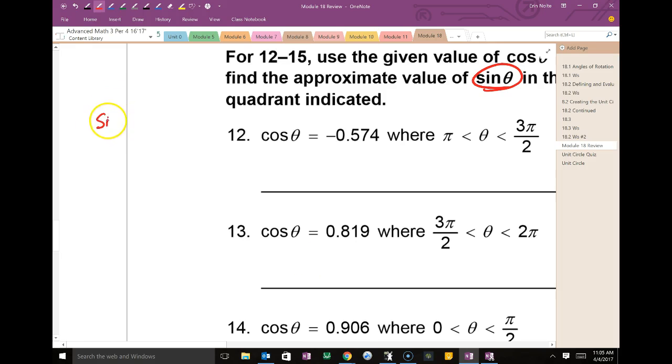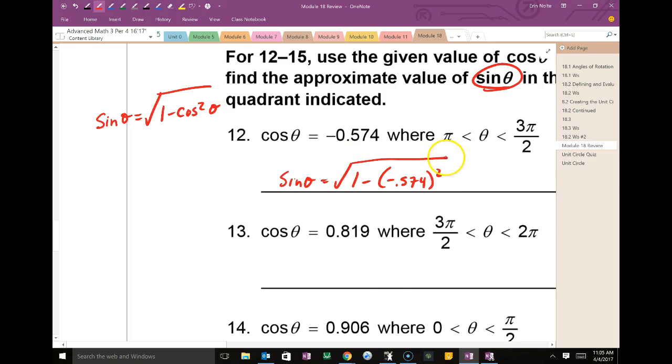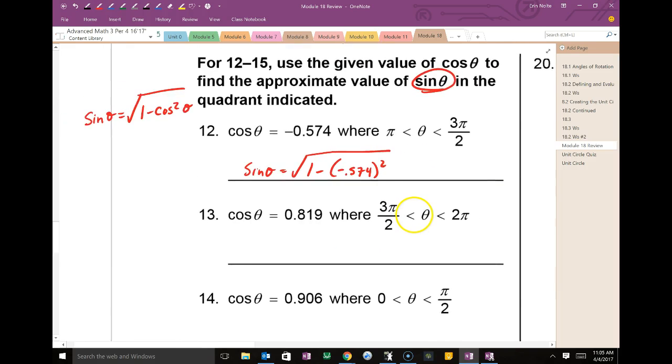Do you remember it? Sine is equal to the square root of 1 minus the cosine squared. Yep. So in this case, I'm going to do the square root of 1 minus negative 0.574 squared and type that into the calculator.